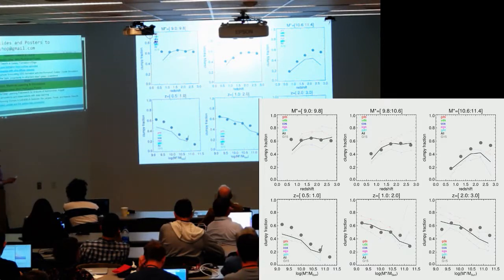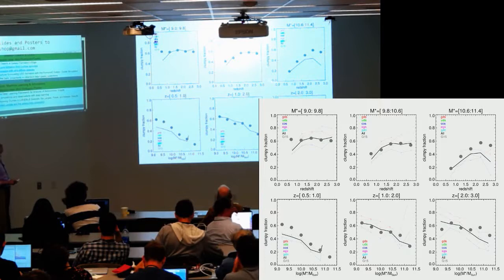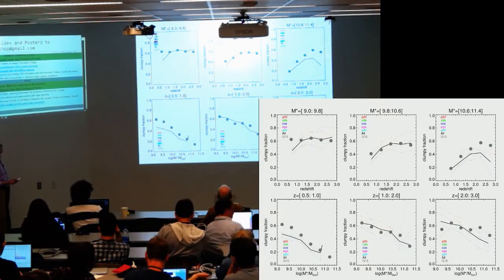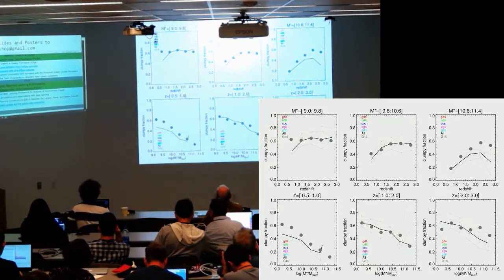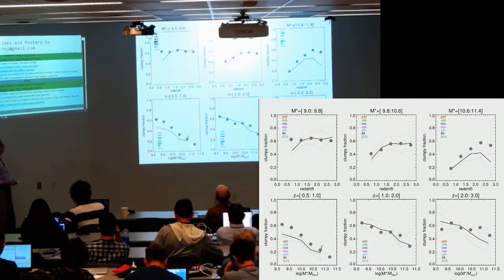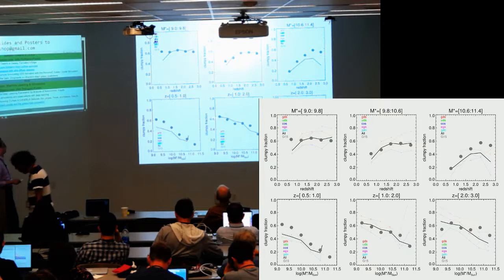What I want to say is the deep learning result matches my result to a good level, except for the most massive galaxies, where my clumpy fraction is a little bit higher than the deep learning clumpy fraction. But overall, the trend is the same. Clumpy fraction decreases with stellar mass. You have more clumpy galaxies at low stellar mass than massive galaxies, and this trend is the same for almost all redshifts.